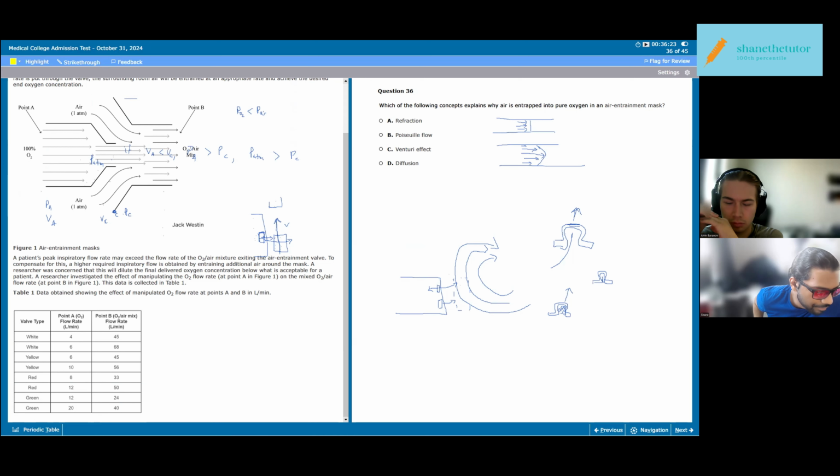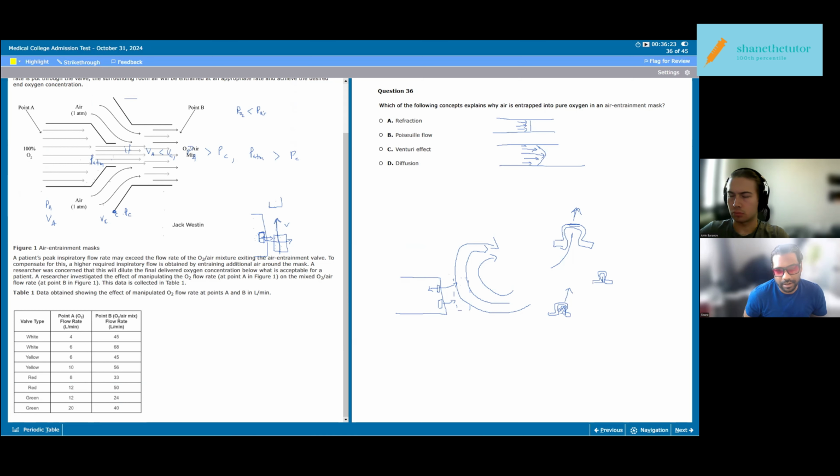If they ask us a question about that, they'll have to give us some value, like you can't dilute it beyond something. And then we can figure out what type of valve that is. So when you see these passages, those are the things I want you to be thinking of, especially with this type of oxygen mask.